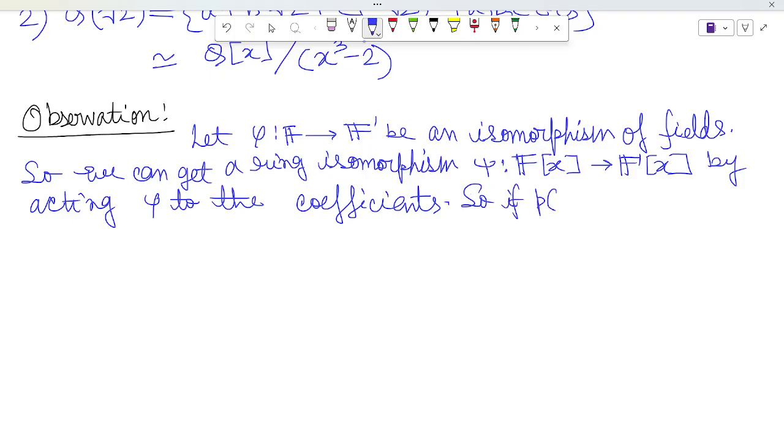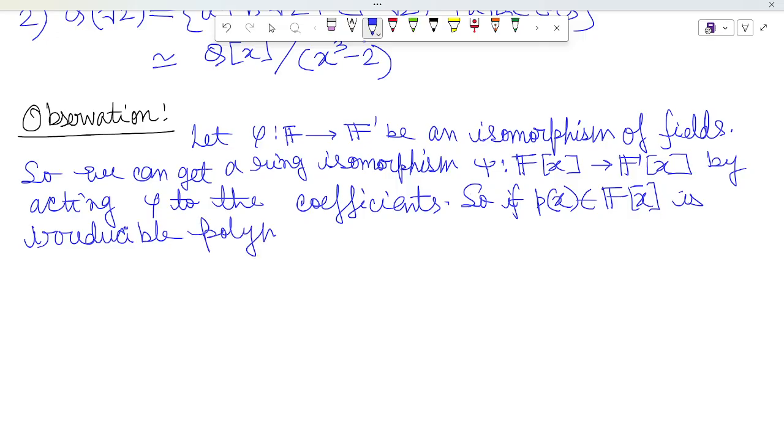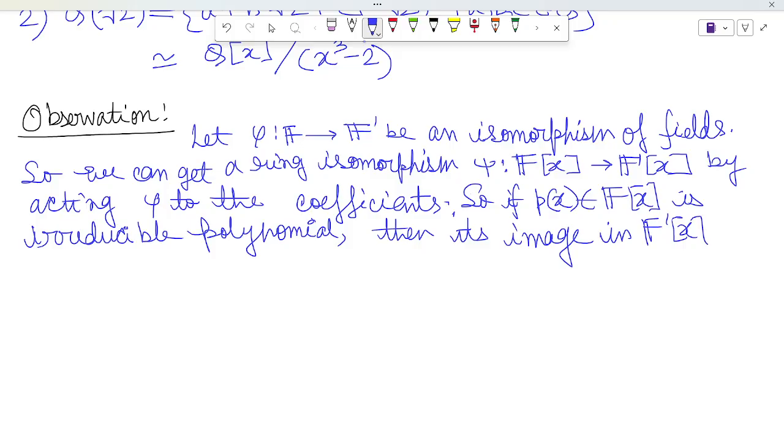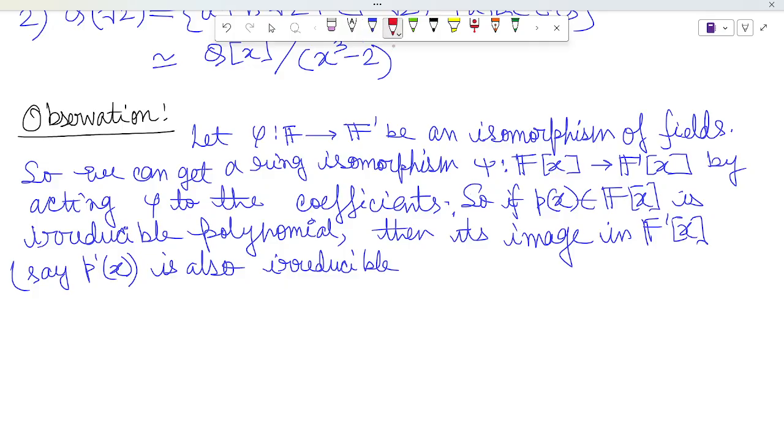If p(x) belongs to F[x] is irreducible, its image in F'[x] is also irreducible. What is the reason?